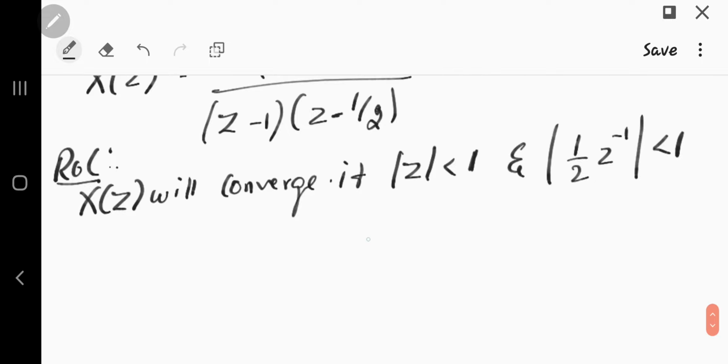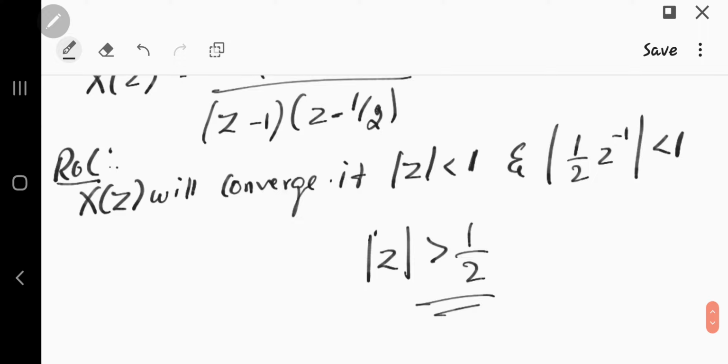If you simplify this, you will get z greater than 1 by 2 and z less than 1.